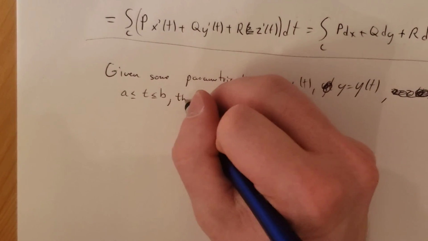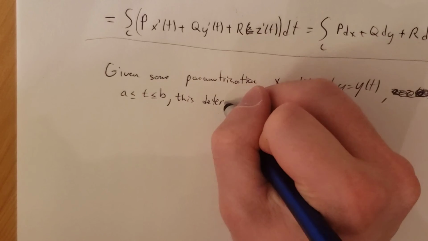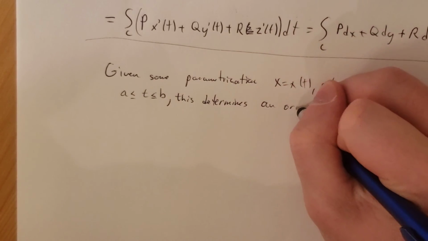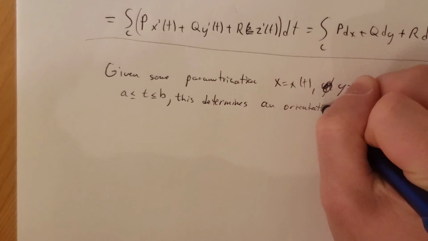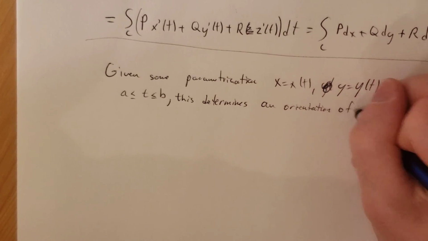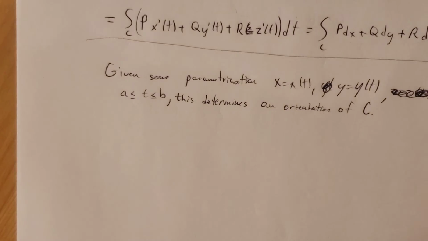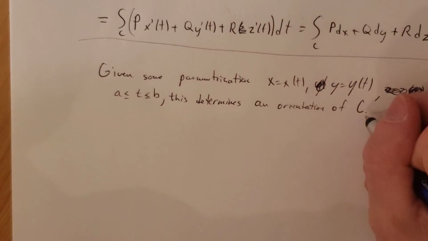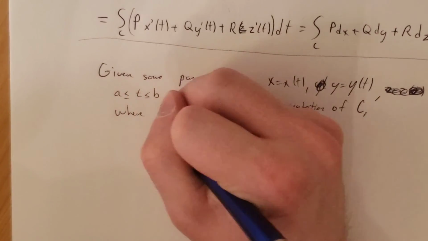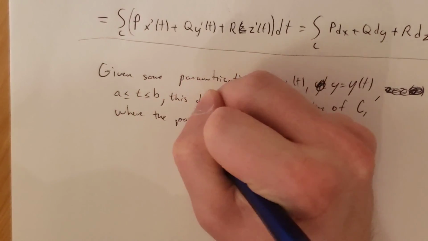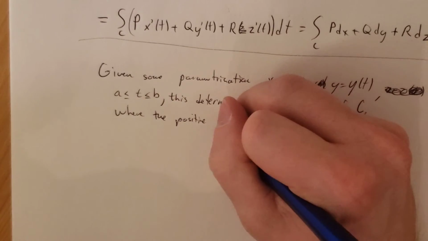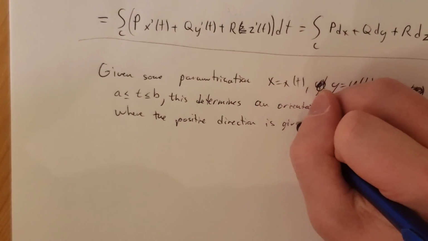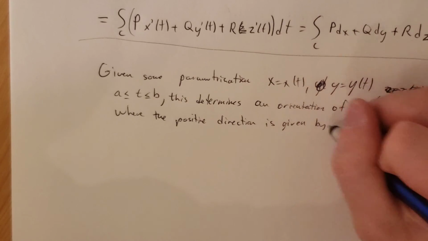Well, if we do that, this determines an orientation, or in other words, a direction of the curve C, where the positive direction is given by increasing values of t.